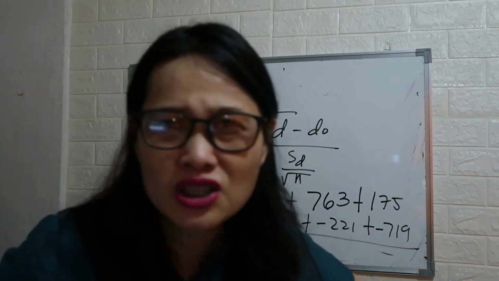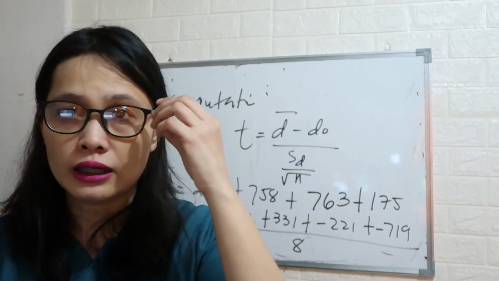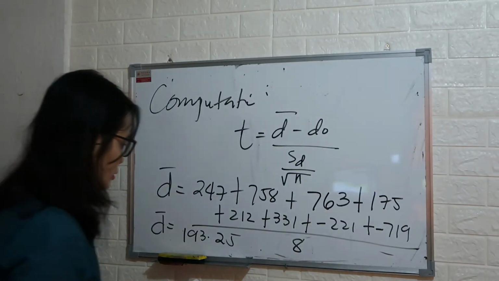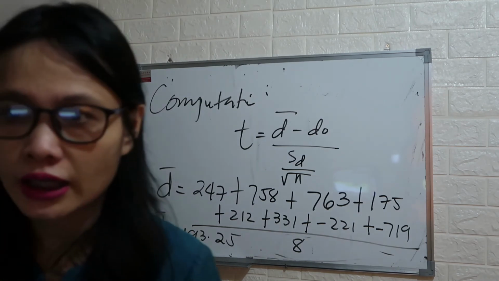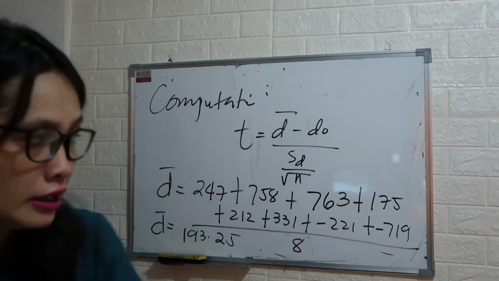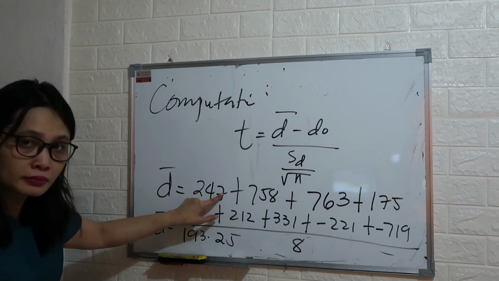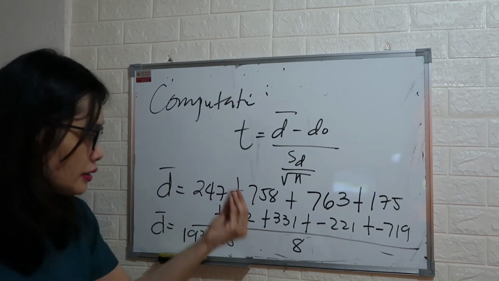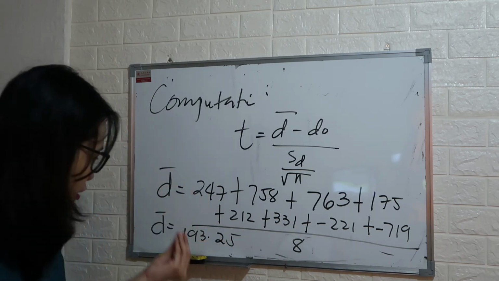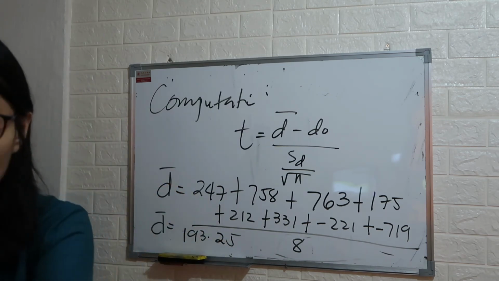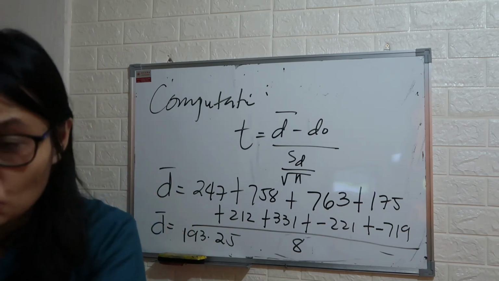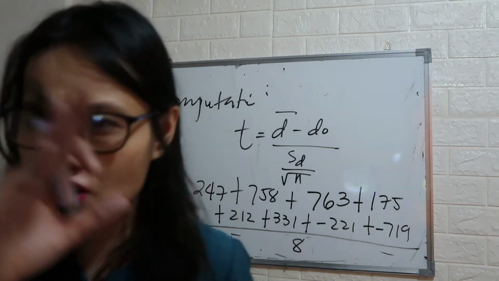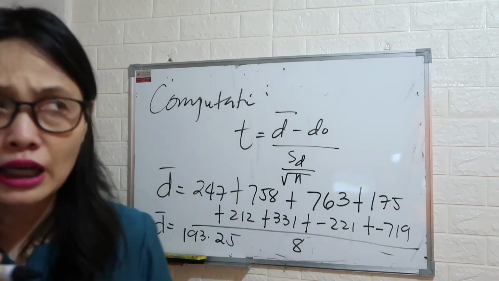Now, Miss, what about the standard deviation? To solve for the standard deviation, you need to subtract the mean difference from each difference, meaning 247 minus 193.25 squared plus 758 minus 193.25 squared, and so on and so forth, divided by n minus 1, which is 7. Then take the square root.